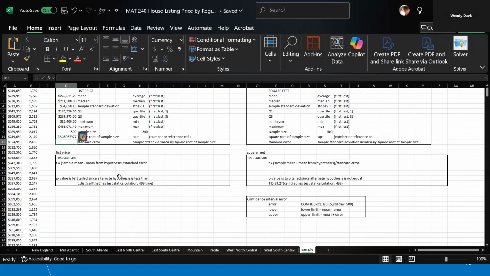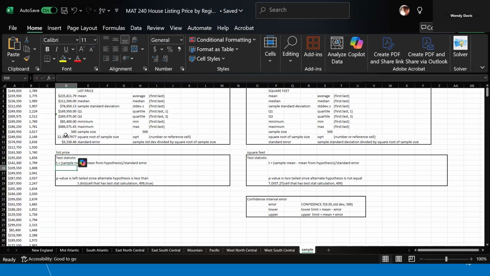The standard error is the sample standard deviation divided by the square root of the sample size. So that's going to be sample standard deviation divided by the square root of the sample size. Okay, so it's very easy just to reference a cell. Equal is a formula.